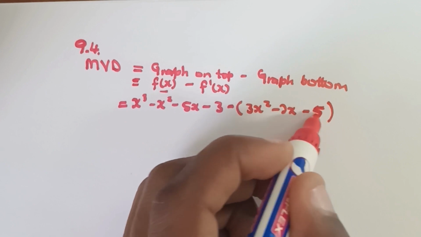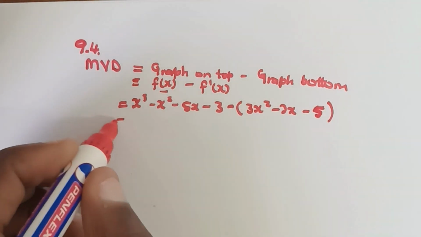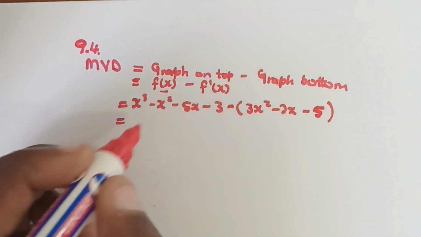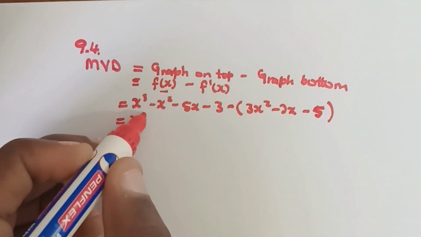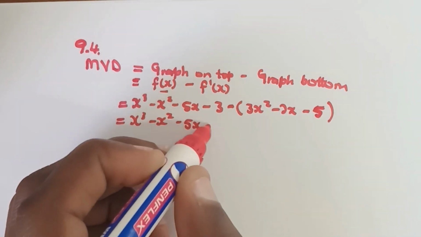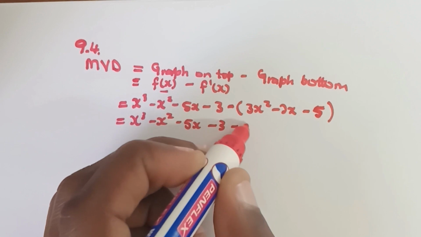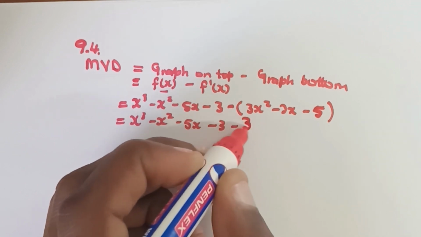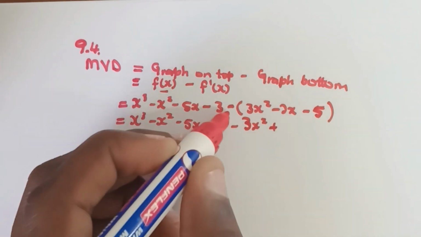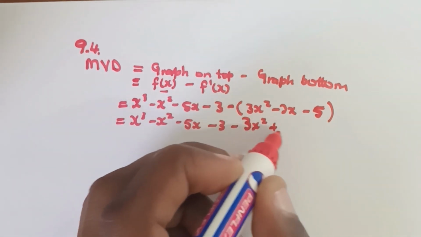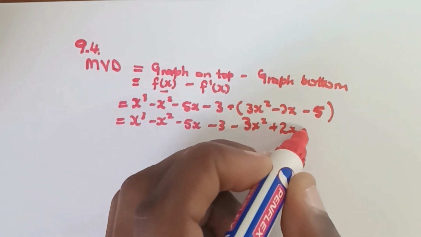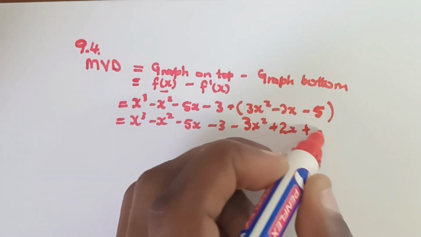So that is our f prime of x, and let's distribute that negative 1 into the bracket. So now it's x cubed minus x squared minus 5x minus 3 minus 3x squared, plus 2x since negative times negative is positive, and negative times negative again gives positive 5.